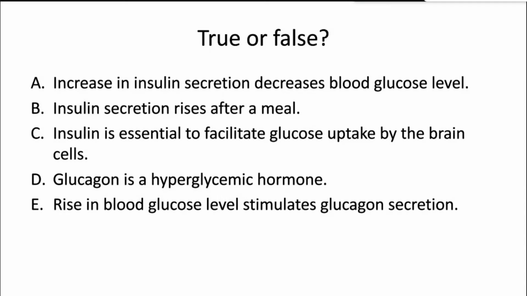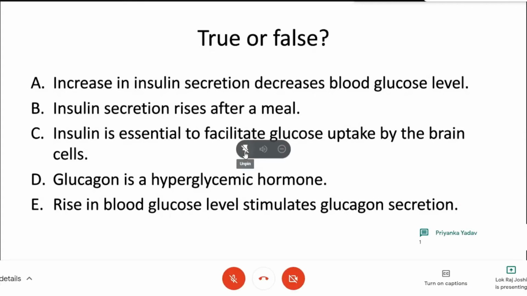How brain cells differ in terms of glucose utilization and dependence on insulin. Suppose there is insulin deficiency, and as one answer says, brain uses ketone bodies as a source of energy. Ketone bodies are not the first choice.